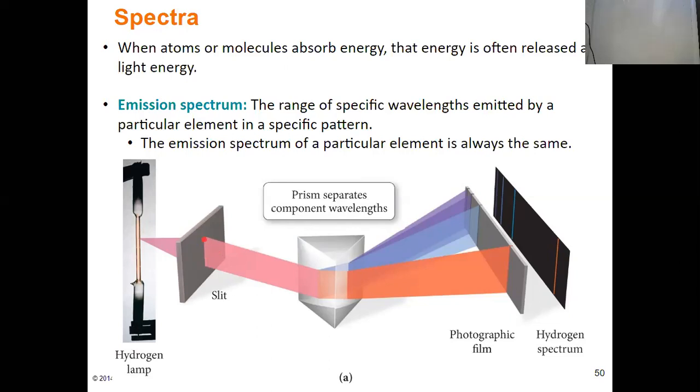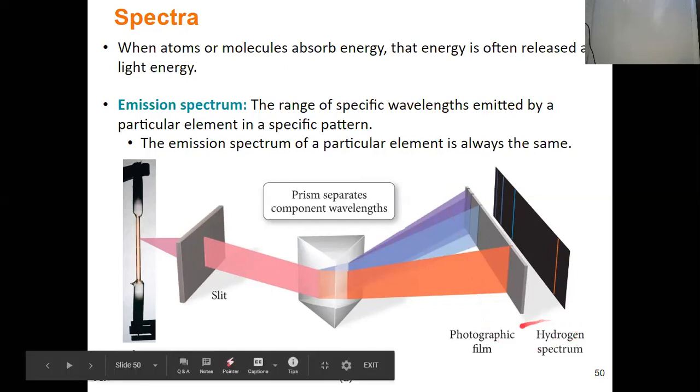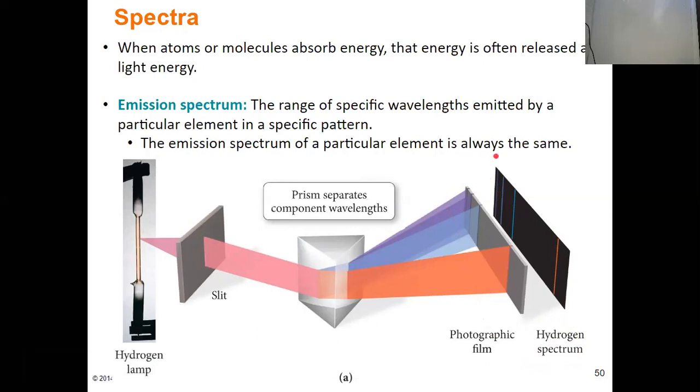Once the light moves through the slit and then hits this prism, that prism is going to separate out the light into the corresponding wavelengths, so that every hydrogen spectrum is going to give off these 4 particular lines of light. An emission spectrum is showing you the light that is emitted by the particular element, and it is going to be specific to that element.